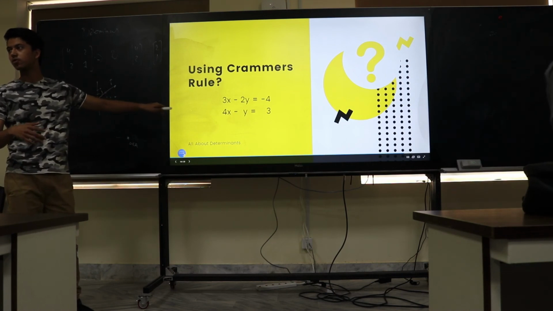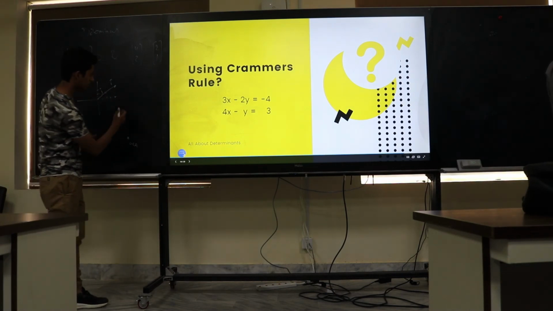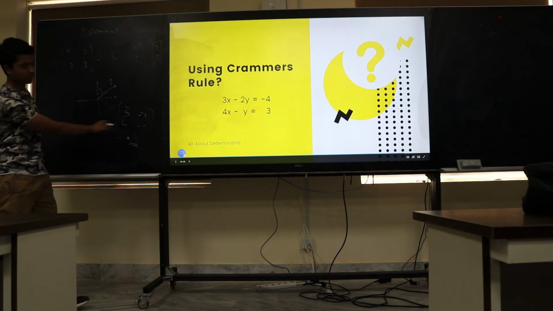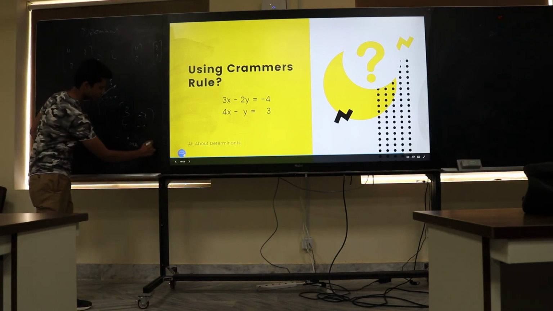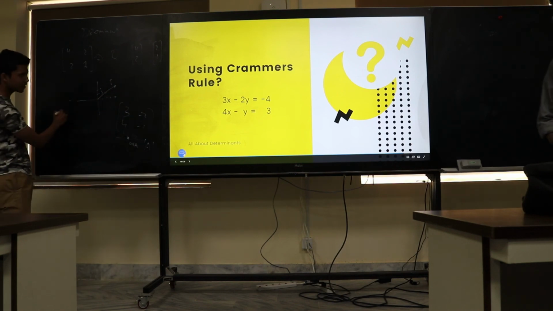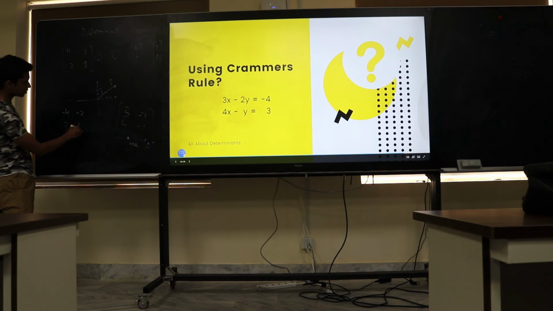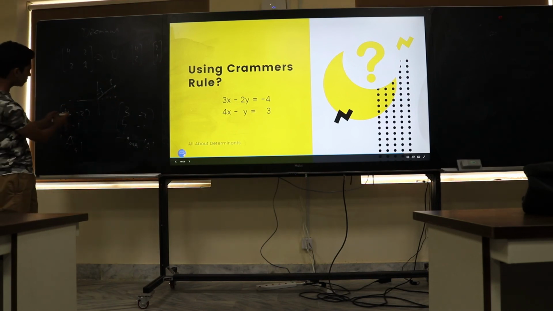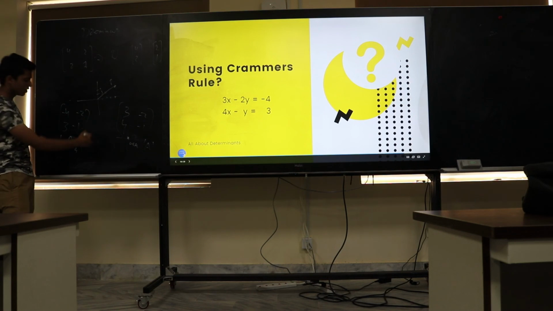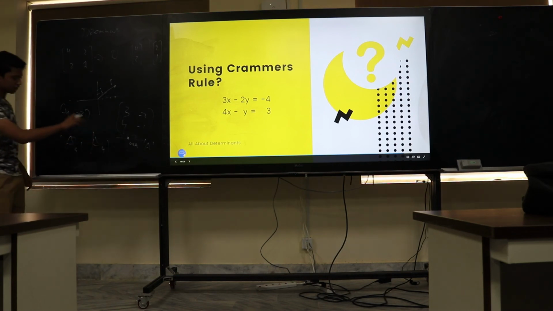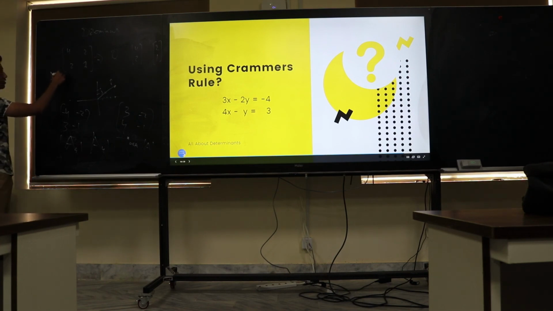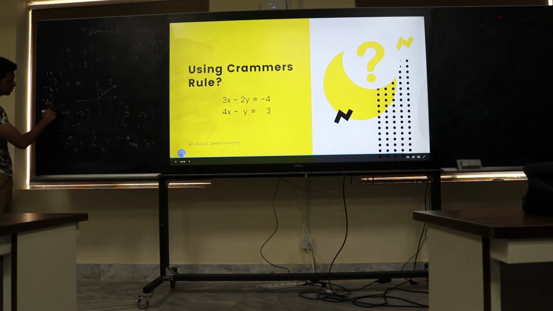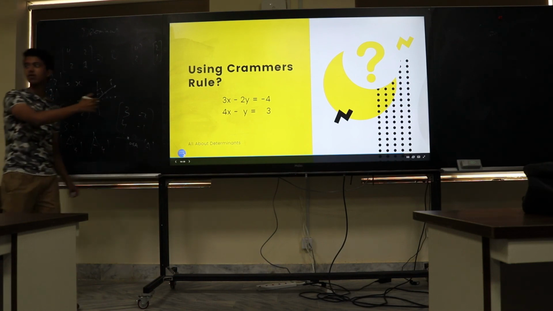I would not solve it because of shortage of time, so we will just do this 3, minus 2, 4 and here minus 1. I will just explain: first we take a normal determinant, which I call the A determinant. Then for x, we replace the column with -4, 3, -2 and -1, take its determinant, and call it the Ax determinant. Similarly for y, we shift -4, -3 over, giving the Ay determinant. The final step is Ax determinant over A determinant, which gives the value of x, and Ay determinant over A determinant, which gives the value of y. There was not enough time, so I did not solve it.